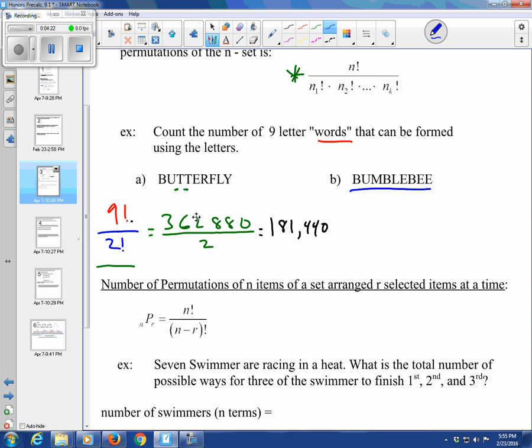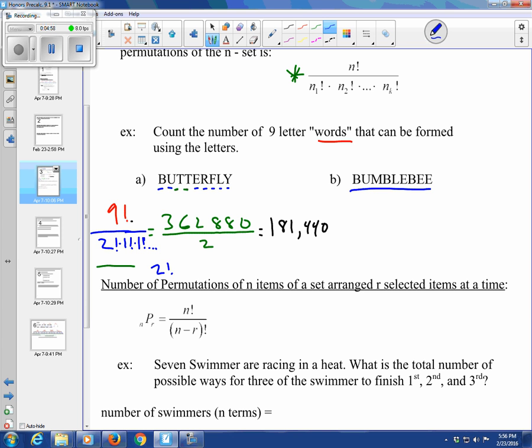The number of t items we have is 2, and that means we've got to divide by our 2 factorial. Now what we can also take note of is that for all of the other letters in the word, we only have 1 of that letter. So we would basically be multiplying by 1 factorial times 1 factorial again and again for all the different letters that we have here. Really, that boils down to just a division by 2.